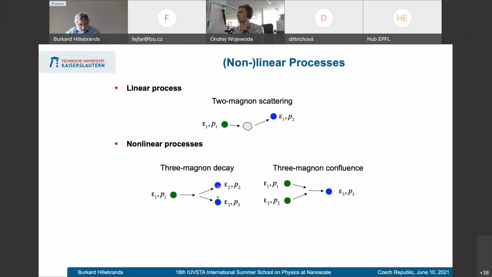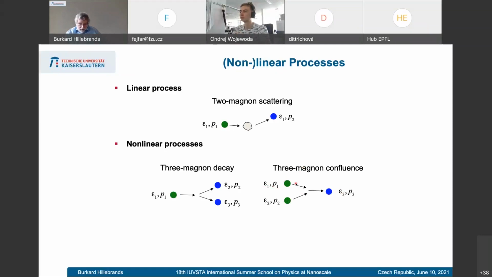So the sum of the frequencies of these scattered magnons must be the frequency of the incoming magnon. And that is called a 3 magnon decay process. And the opposite, or if you like to run the time backwards, is a confluence process where 2 magnons unify to a new magnon. And now the energy epsilon 3 is the sum of the energies of the 2 incoming magnons, and the same for the wave vector.